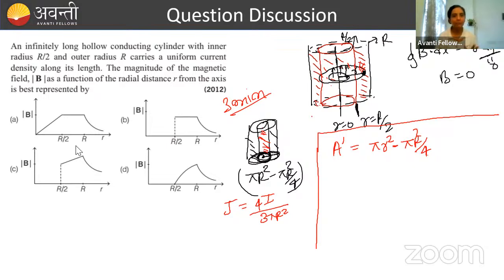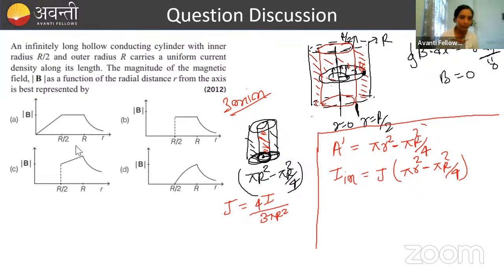So subtract pi R square by 4 from whatever cross section area your Ampere loop has. So the current enclosed is the current density into the cross section through which current is allowed to flow.